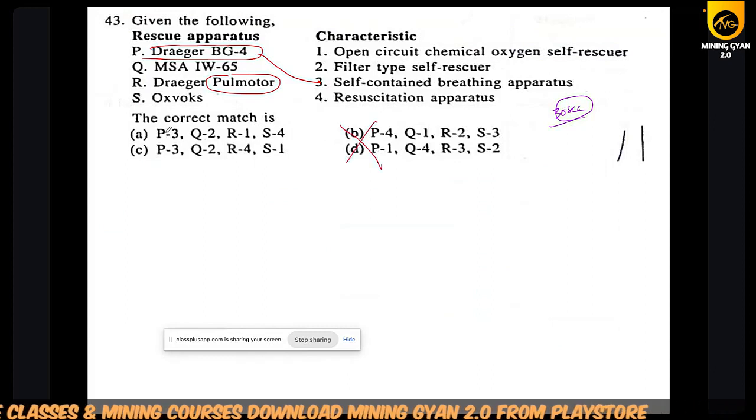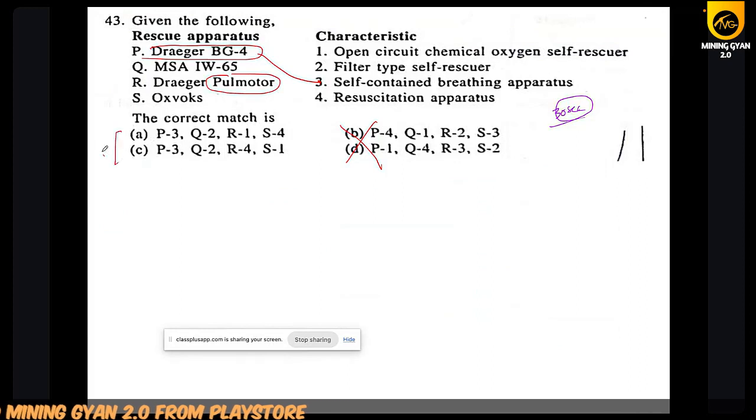We have only two options. If you know the other option, then it is good for you. If you don't know, at least attempt this question in the examination, because now the probability of writing it right is 50%.